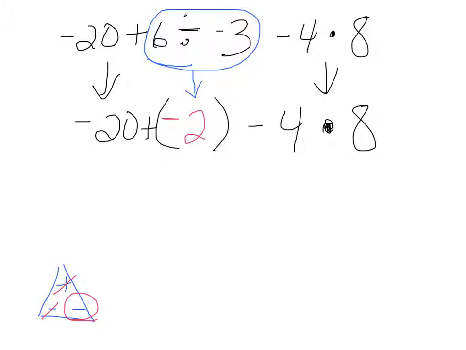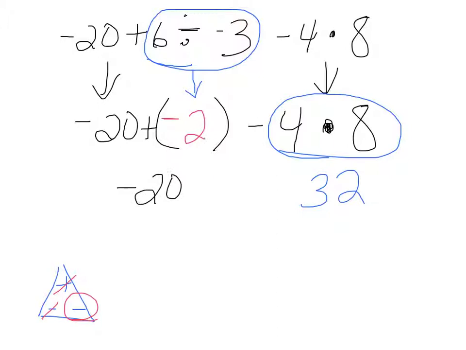So we'll go ahead and look at our multiplication next. So we have 4 times 8. 4 times 8 is 32. Go ahead and bring down the rest of our problem again the way it is. Negative 20 plus 2 more negatives minus 32.